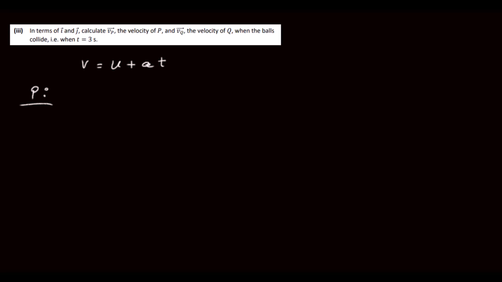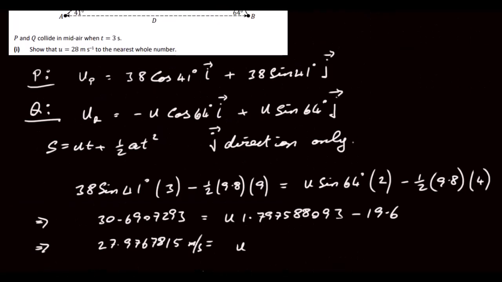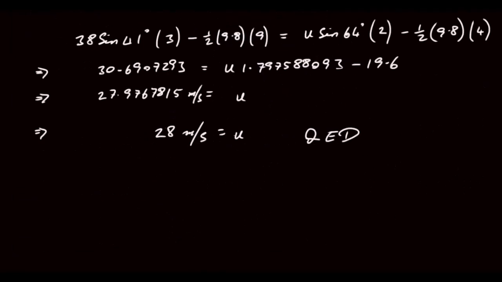We have the velocity in the j direction, in the y direction, is going to be equal to u for P, which is 38 sine 41. That's our initial velocity in the j direction, 38 sine 41, plus at, which is minus 9.8 times the time, which is 3 seconds.